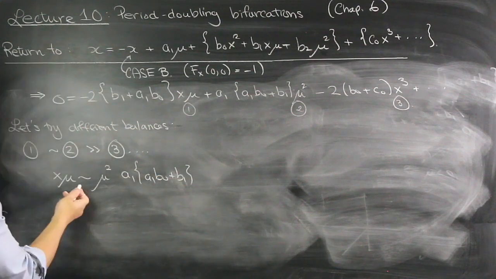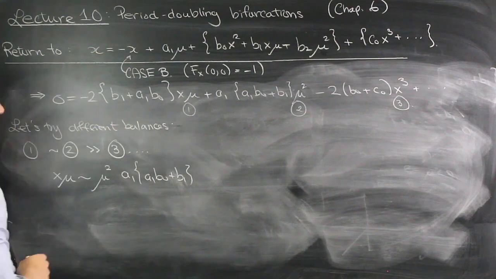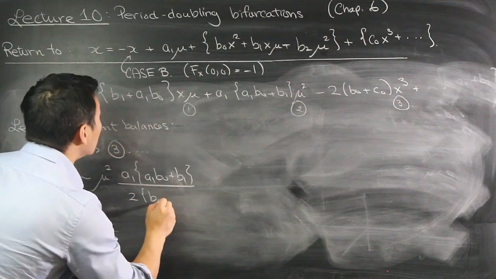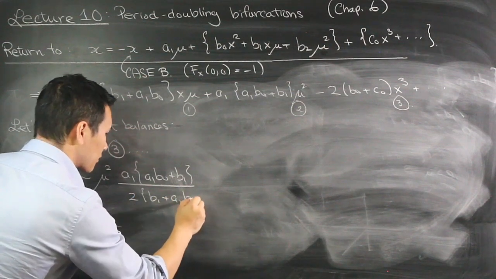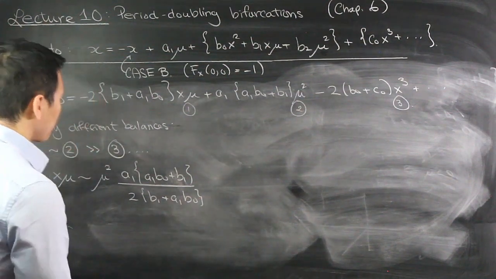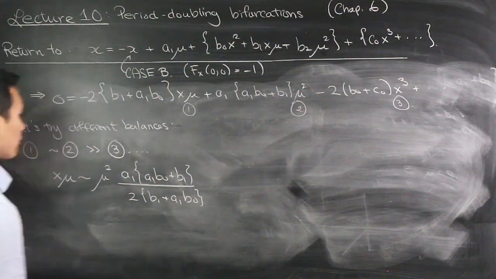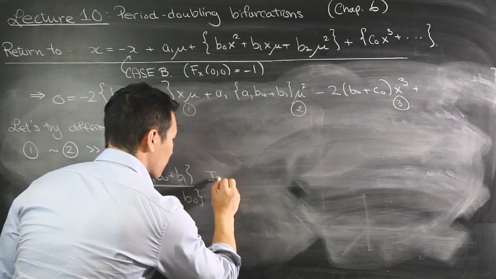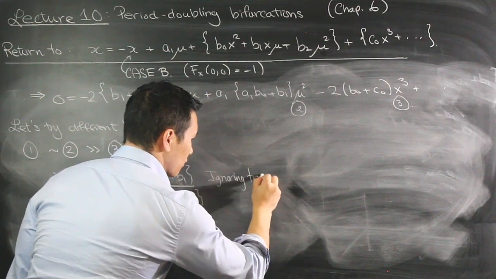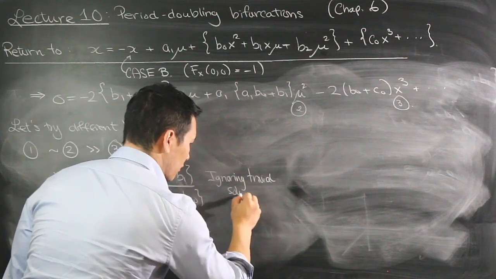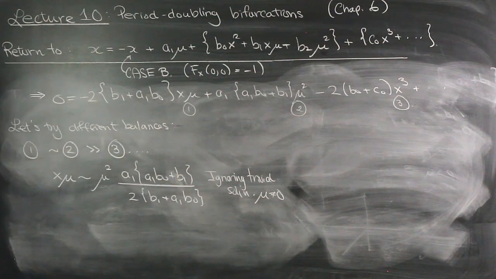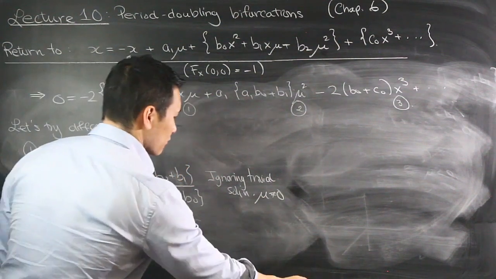Remember that there's a sign change when you move it over to the other side, right? And this is over 2 times b1 plus a1 b naught. Okay, ignoring the trivial solution. That gives you x is like mu.